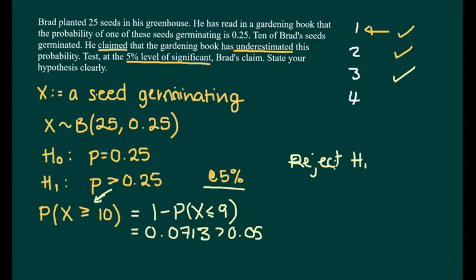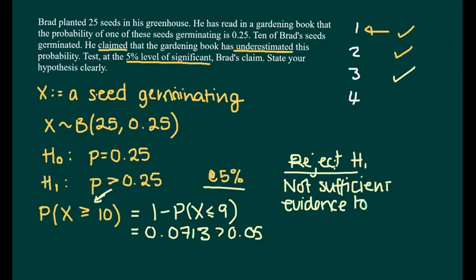And we now have to conclude in the context of the question. So there is not sufficient evidence to suggest that the book has underestimated. I'm actually going to write it out because it's so important.